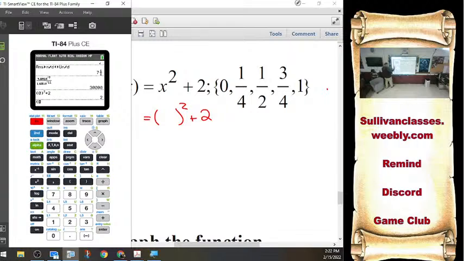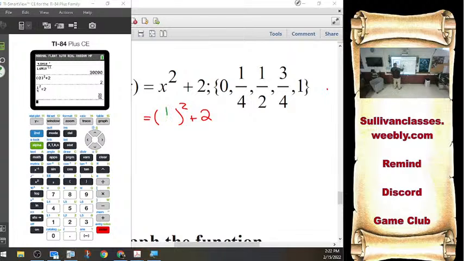Parenthesis fraction. A bunch of you have seen that alpha y equals using our bumblebees. 1/4 parentheses squared plus 2. 33/16. Okay.